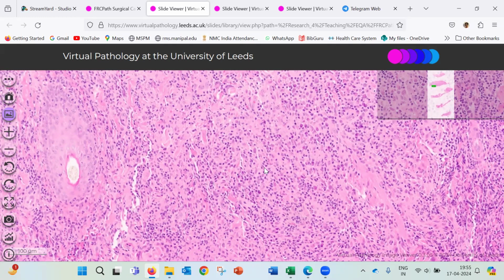And say that this can have a typical 3 phase. This can have a cutaneous phase. This can have a visceral phase, or it can have a post-kala-azar dermal leishmaniasis, that is PKDL.